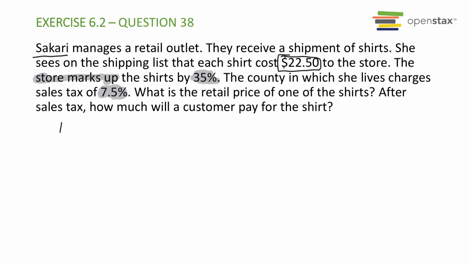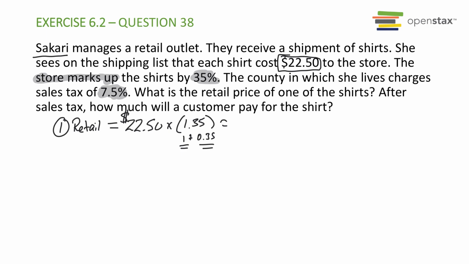So first, we need to calculate the retail price by adding in the markup. So that's going to be $22.50 times, and we can use that little trick for markup, 1.35. That's 1 plus 0.35, so 1 plus the markup rate. Let me get my calculator up and running.